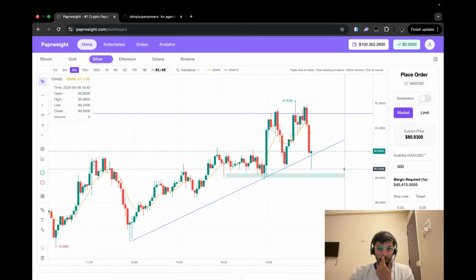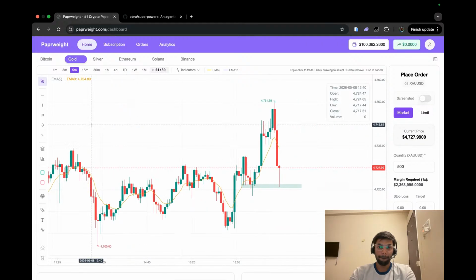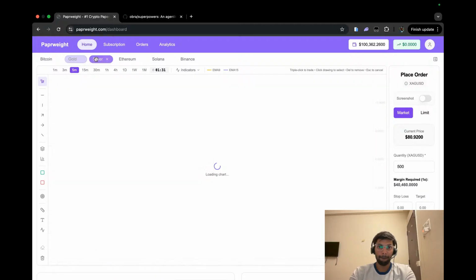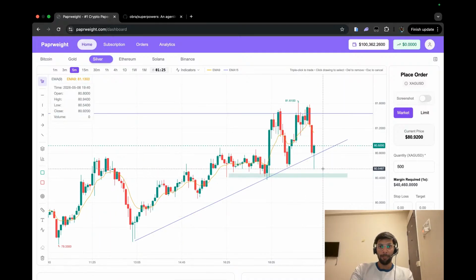Stop loss could be a big one. See, it took support from here. That's good.